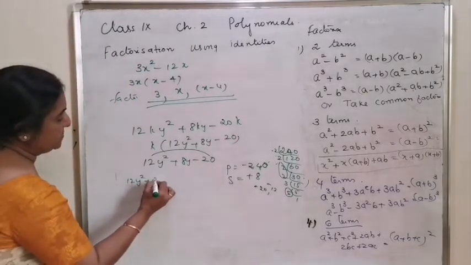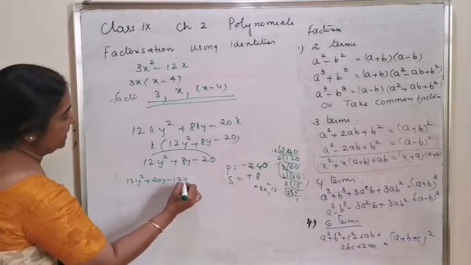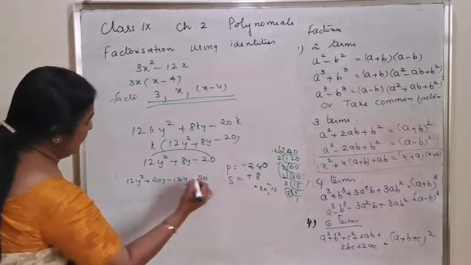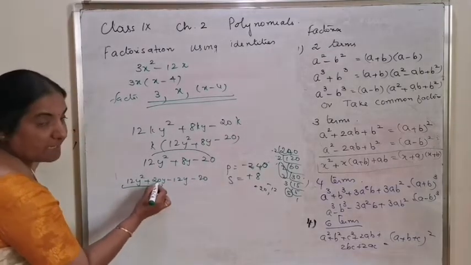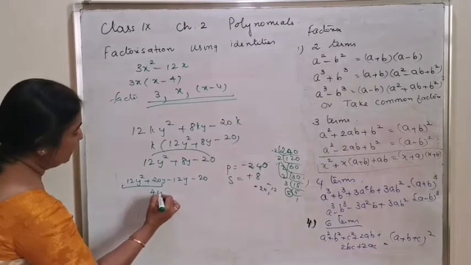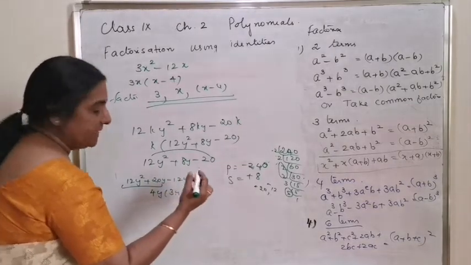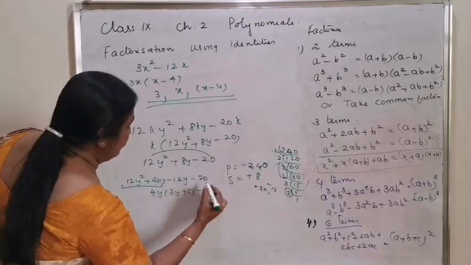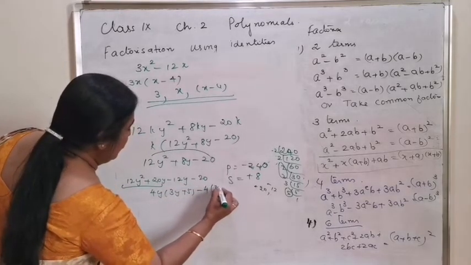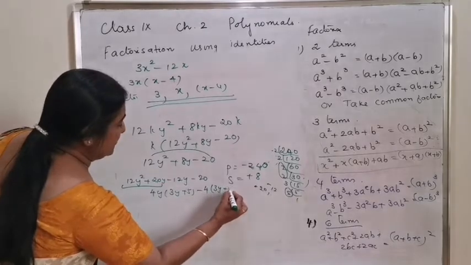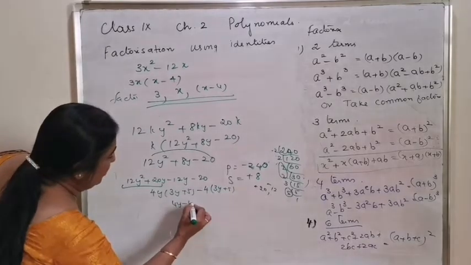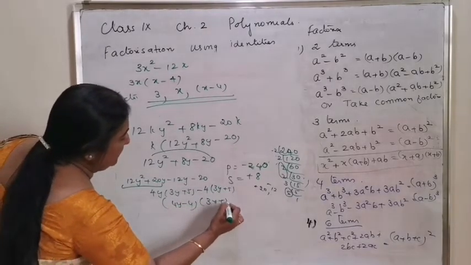12y square plus 20y minus 12y minus 20. For 12 and 20, the most common factor is 4y, into 3y plus 5. For minus 12 and minus 20, again the factor is minus 4, into 3y plus 5. So 4y minus 4 into 3y plus 5.